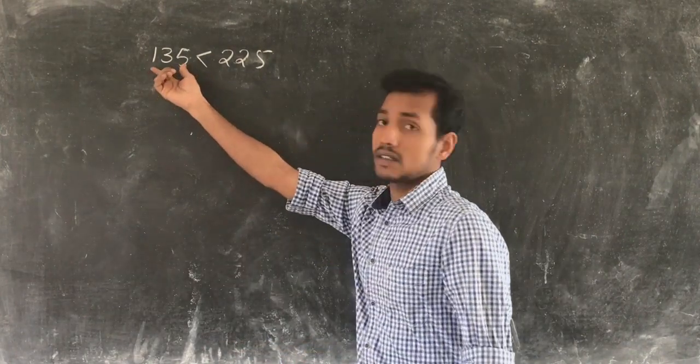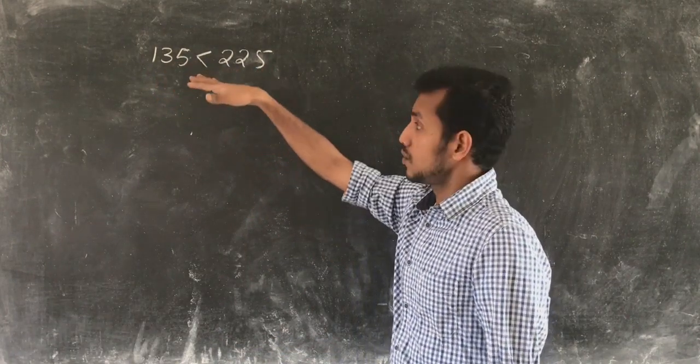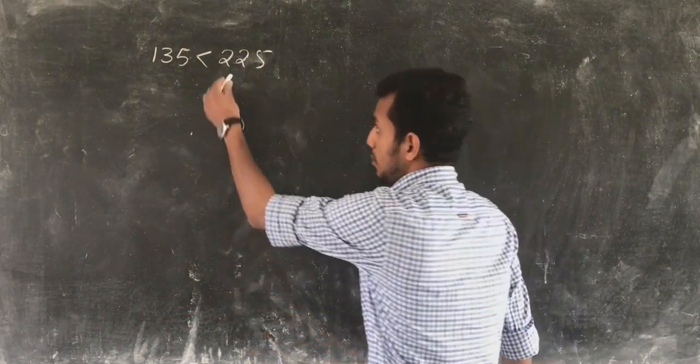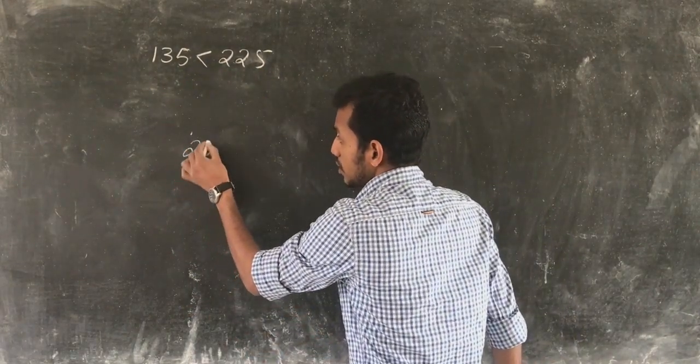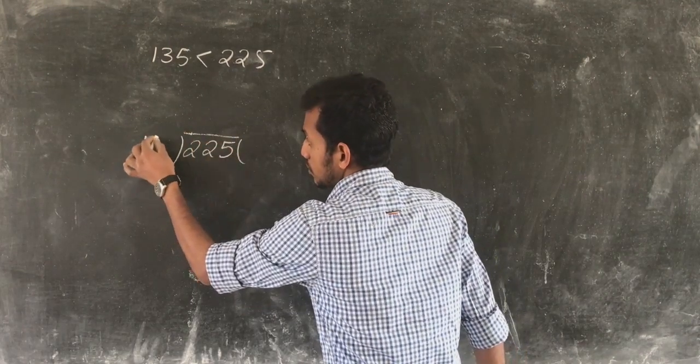Since 135 is less than 225, we need to proceed with the long division method. So, divide 225 by 135.